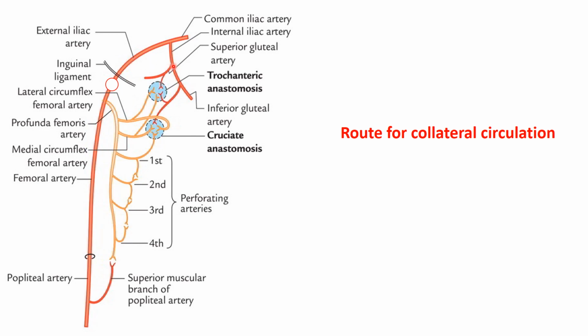The branches from the internal iliac are the superior and inferior gluteal arteries. If there is this proximal blockage, they provide the route for collateral circulation. In those cases, these anastomoses enlarge and provide the route for collateral circulation. So that's all about the medial compartment of the thigh.